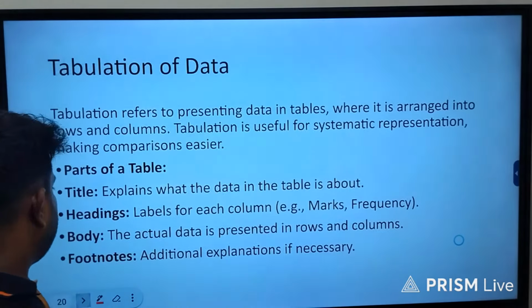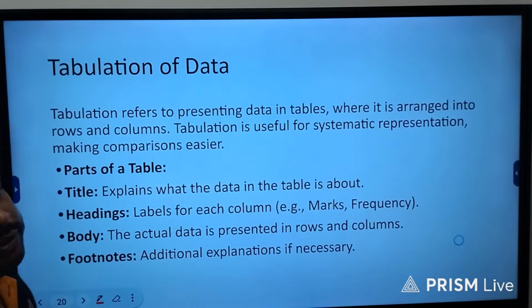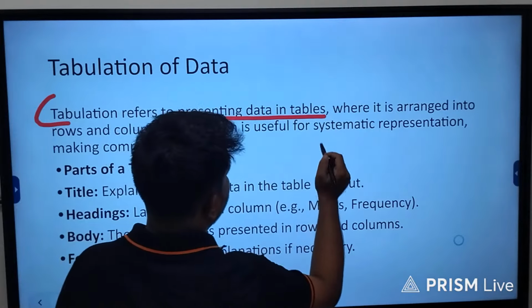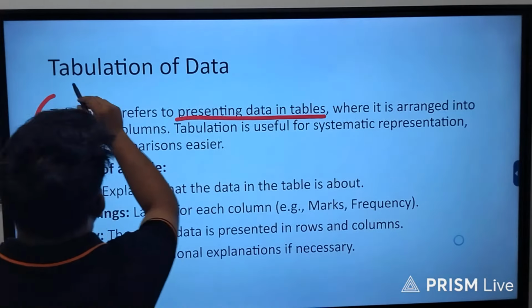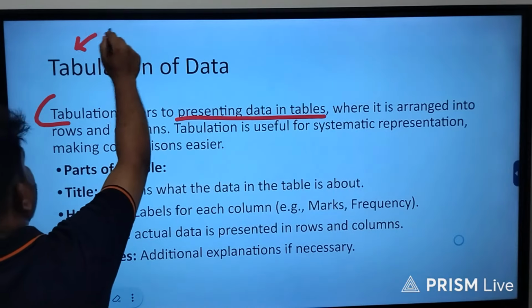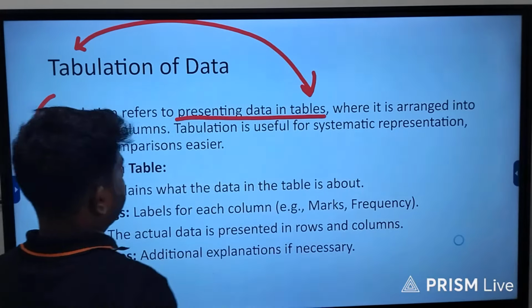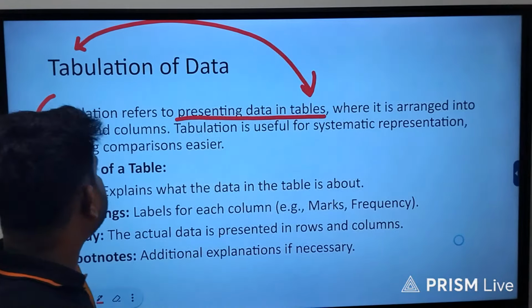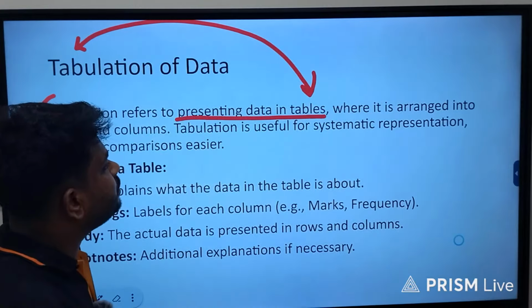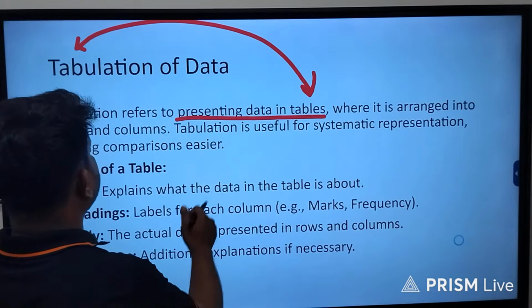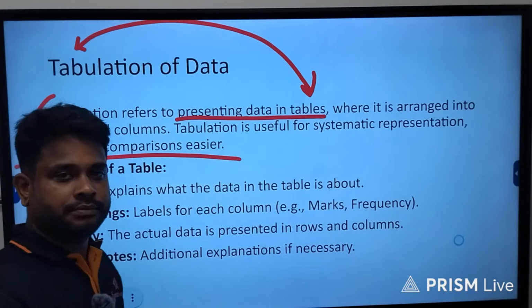The next is tabulation of data. Tabulation refers to presenting the data in tables, where it is arranged into rows and columns. Tabulation is useful for systematic representation and makes comparisons easier.